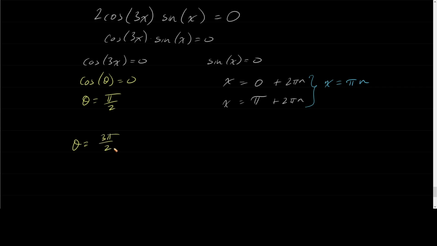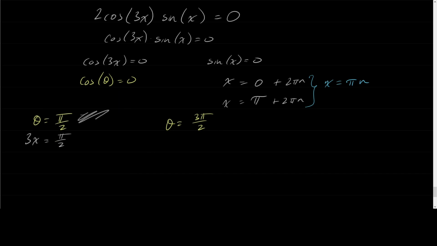And at that point, I'm going to say, well, the question wasn't really about theta, it was about 3x. So this one's really saying 3x is equal to pi over 2. You know what, let me make more space here. Let's move this over here, and I'll move this over here.